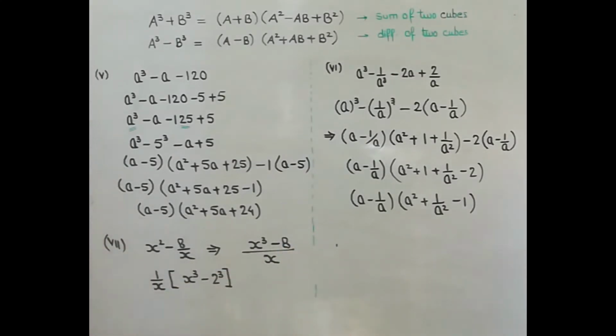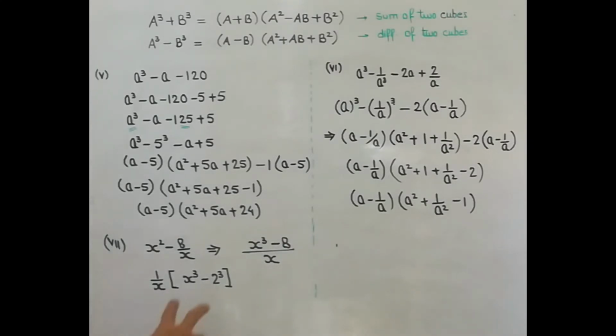this step is clear to you. In the first step we have taken LCM. LCM was x, so in the numerator place we are getting x cube minus 8 upon x. Okay, so numerator place x cube minus 2 cube, and then it was 1 upon x.